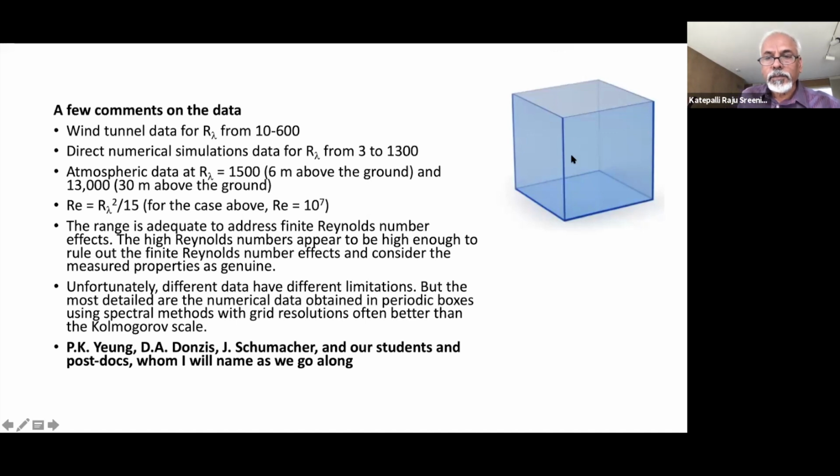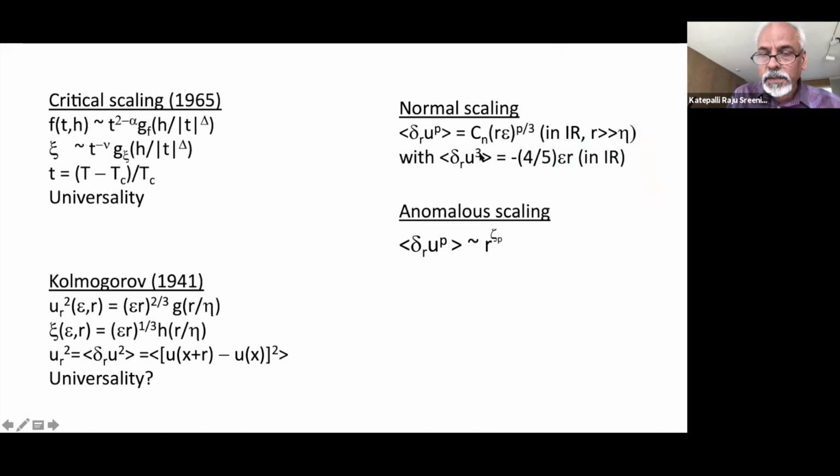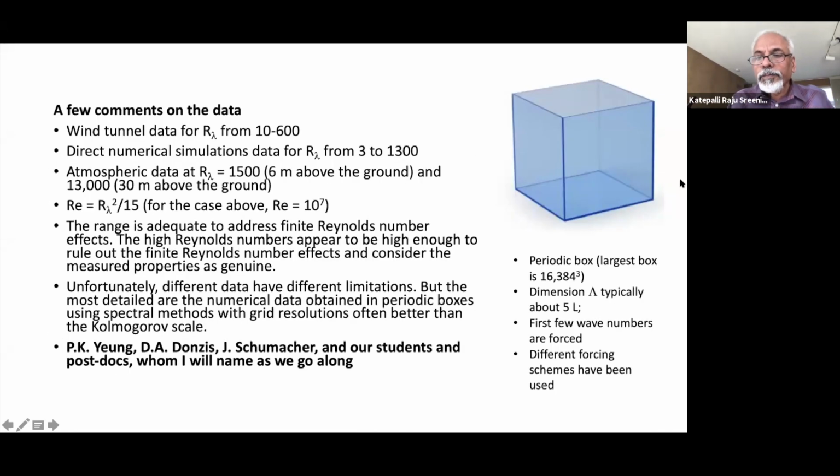So there's a periodic box in which you have a fluid with a certain viscosity, and what one does, excuse me, the largest box is 16384, although very little data from this computation has really been used. This box size is typically about 5 times the large scale in the flow. And the first few wave numbers are forced in all these data.